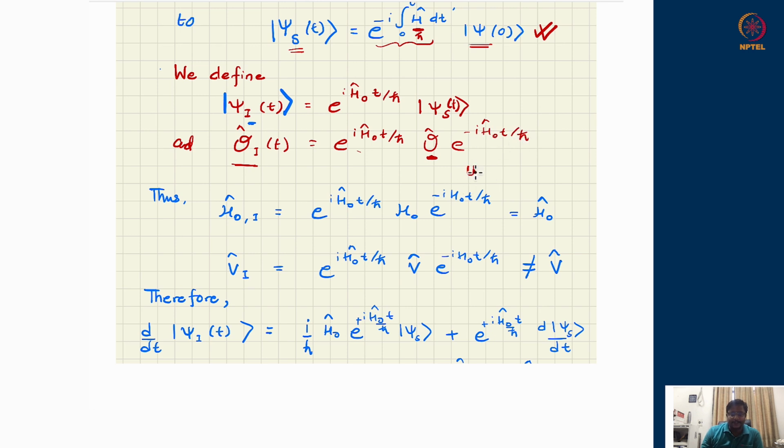So effectively it is U naught dagger on the left-hand side and U naught on the right-hand side, where U naught is just e to the power minus i free Hamiltonian t upon h bar. So this is the way I'm going to define the operator's evolution.